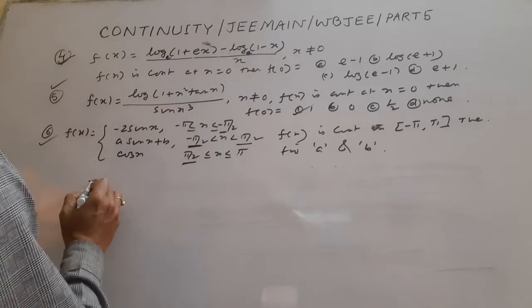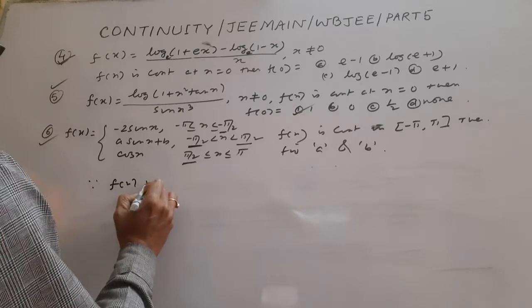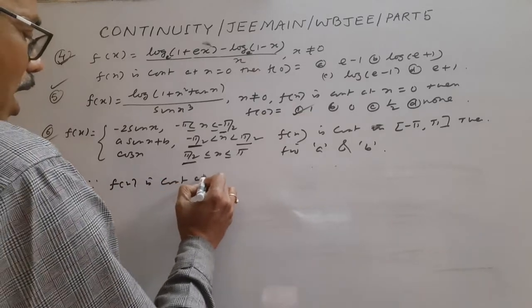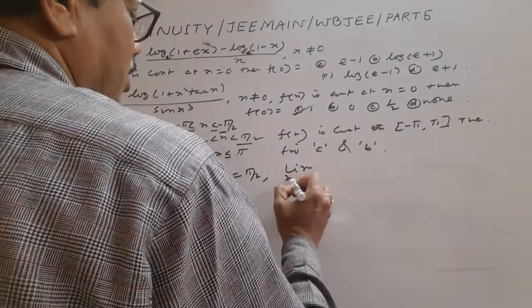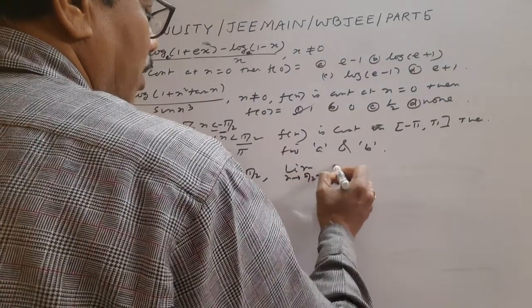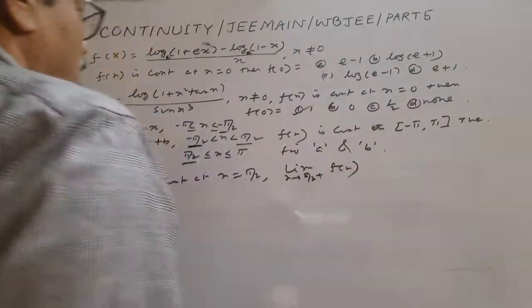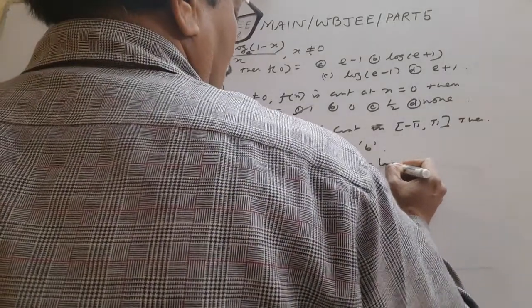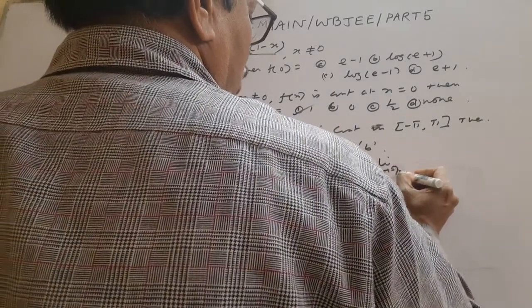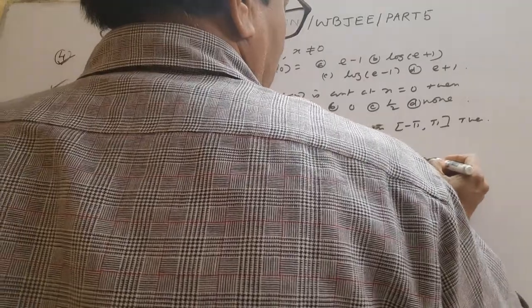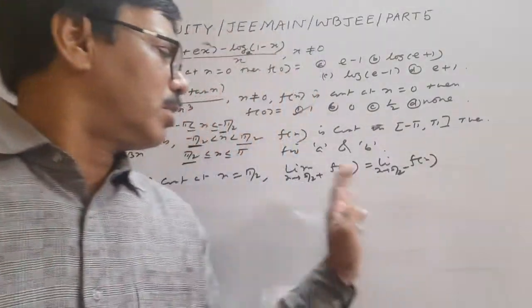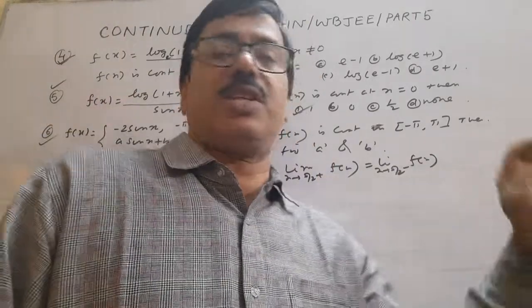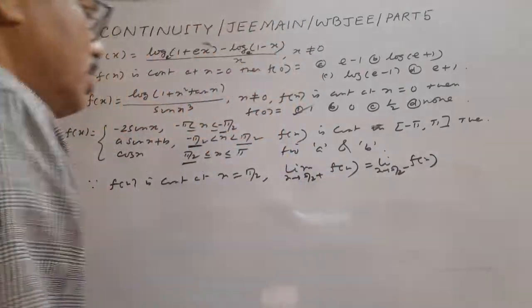So, since f(x) is continuous at x equals pi by 2, limit x tends to pi by 2 plus f(x) equals limit x tends to pi by 2 minus f(x). You can also write f(pi by 2), but this condition is sufficient because it is continuous.